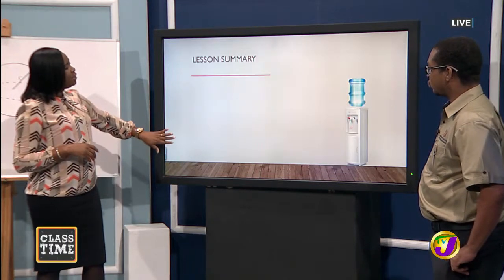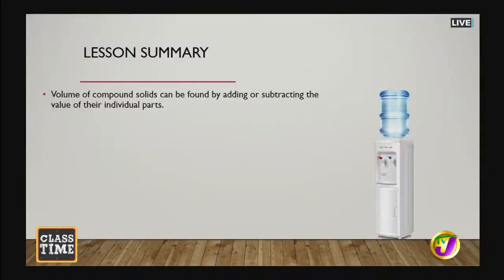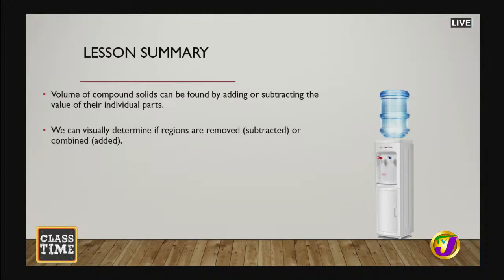Let us look at the summary of what we did today. The volume of compound solids can be found by adding or subtracting the value of their individual parts. We can visually determine if each region is going to be removed, which is subtraction, or combined, which is addition.